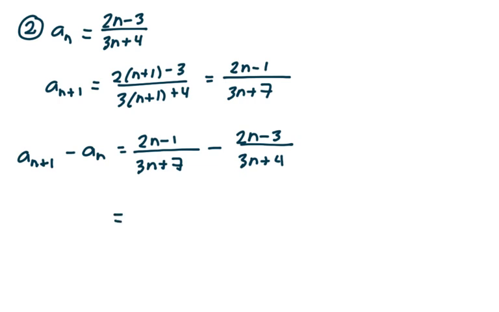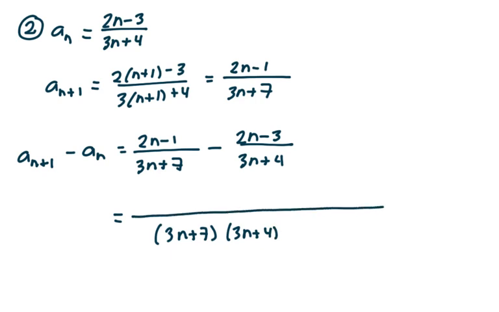The common denominator is (3n plus 7) times (3n plus 4). So I just want to write this as a single fraction. In the numerator, we get (2n minus 1) times (3n plus 4) minus (2n minus 3) times (3n plus 7). Okay? I hope that's okay.